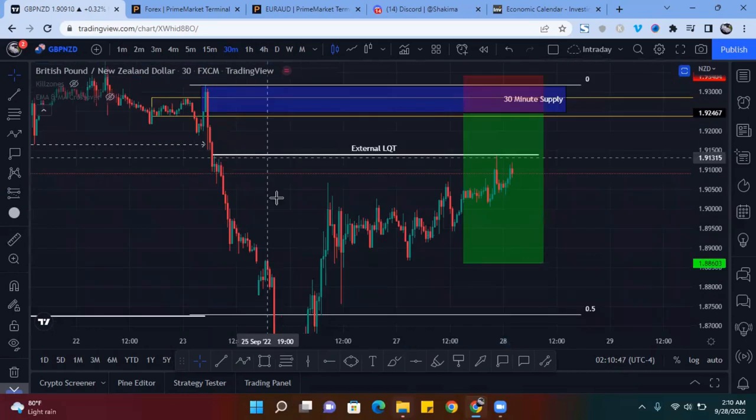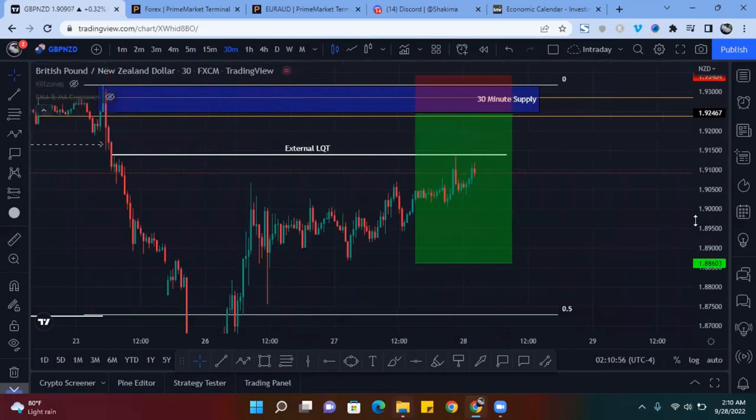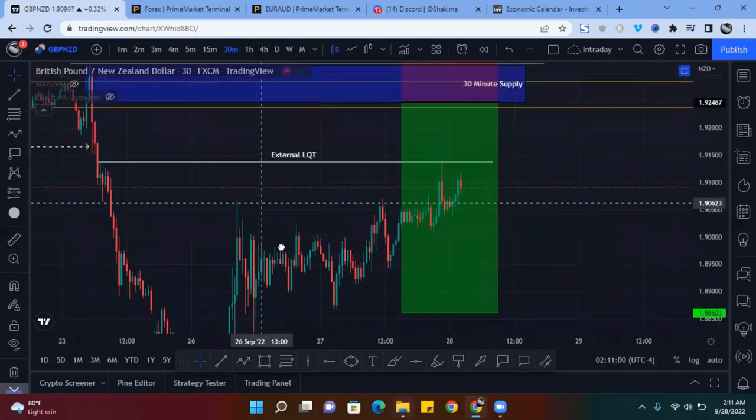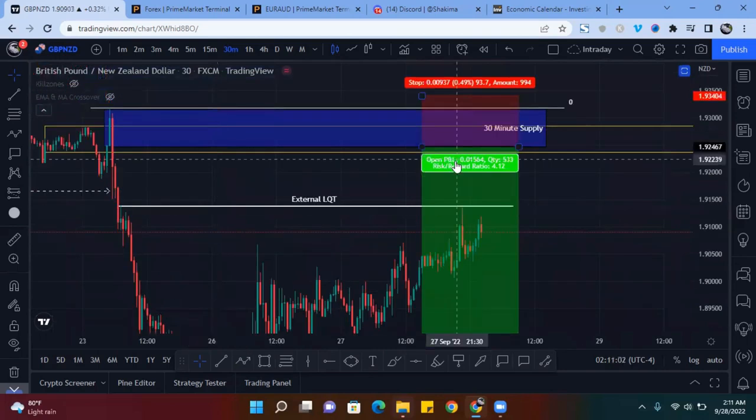I know that this is my trading range because I haven't posted a strong high in my higher time frame. I know that the external liquidity has not all been taken, and if you're thinking about relatively equal highs, this wick and then this wick are very relatively equal. And yeah, that's pretty much it.